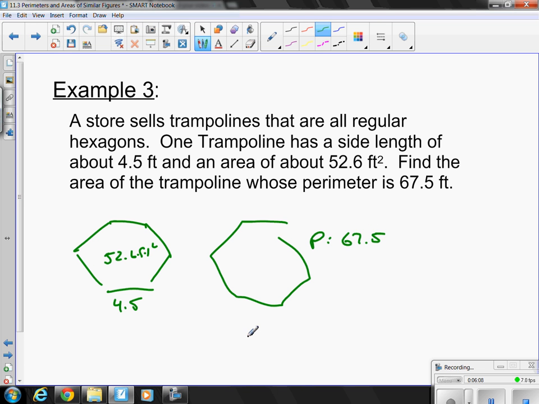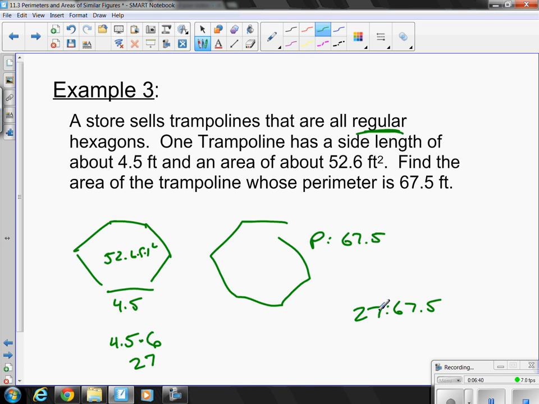What I would do is figure out either the perimeter of this one or the side length of that. It doesn't matter. I'm going to take 4.5 and, since it's a regular hexagon and all the sides are the same, multiply it by 6. And we get 27. So the ratio of the perimeters is 27 to 67.5.